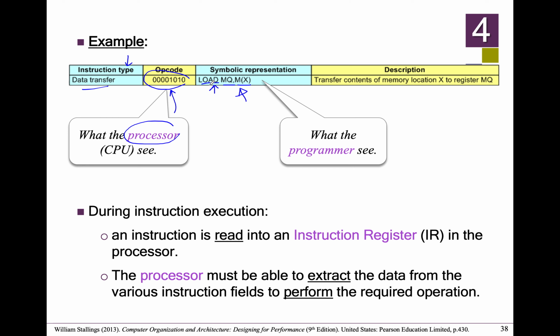You are going to see load MQ, M, and then you have the bracket X. So this is the symbolic representation, and the meaning of this is transfer the content of the memory location at X to the register MQ, your source and your destination.